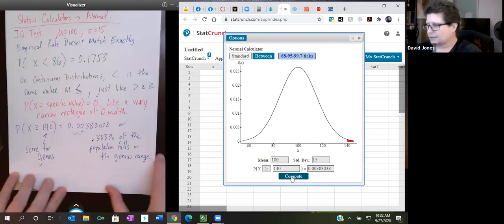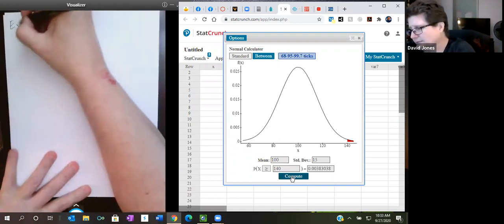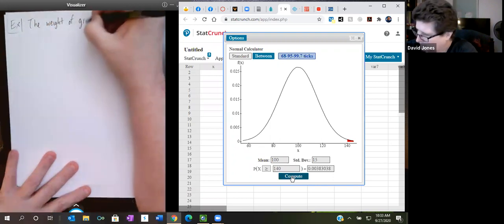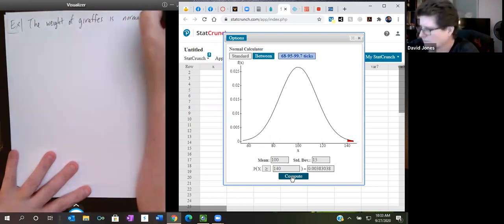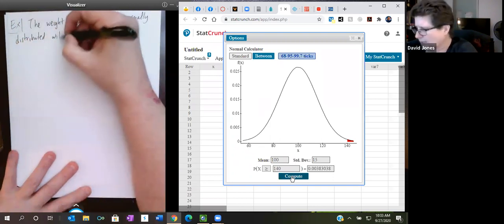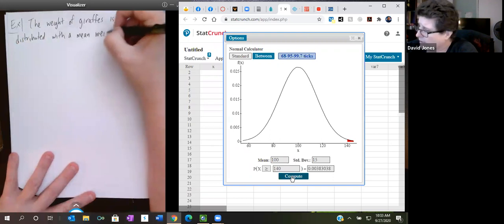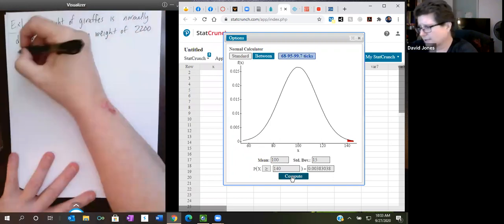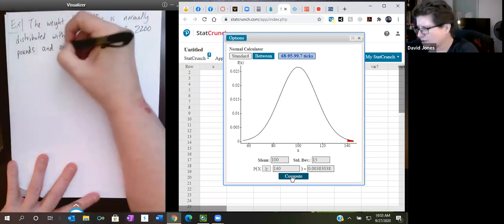Let's look at some other examples. Can be unusual. The weight of giraffes is normally distributed with a mean weight of 2,200 pounds, and a standard deviation of 200 pounds.